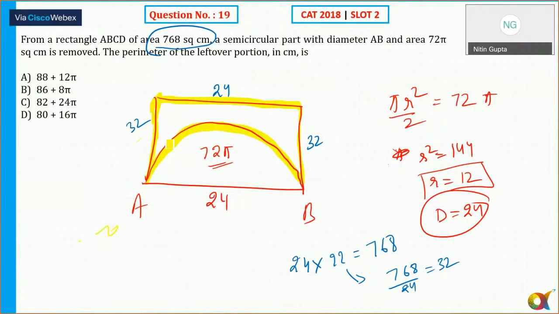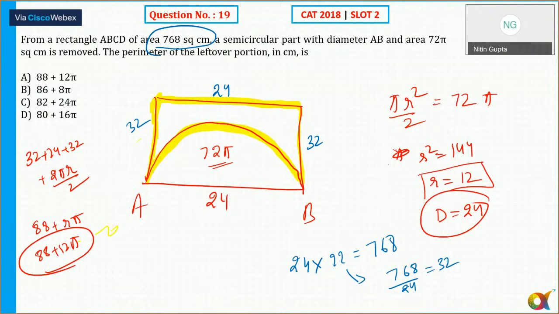So the total length of the highlighted part is equal to the three sides of the rectangle, 32 plus 24 plus 32, plus half of the perimeter of the circle, pi r. That will be 88 plus pi r, and the radius is 12. So the correct answer will be option A, 88 plus 12 pi.